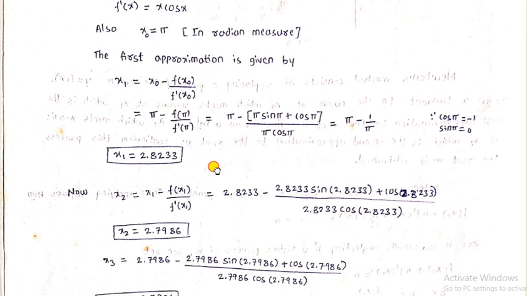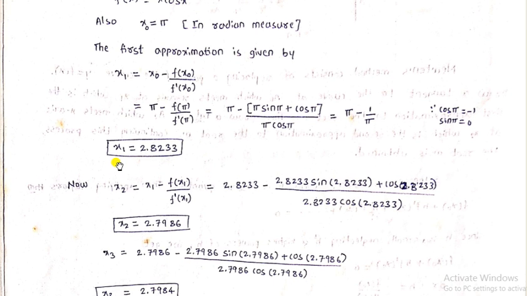2.8233. Now we have to use x1 value to calculate the second approximation. So in second approximation, you have to substitute x value as 2.8233. So again in previous formula, substitute n is equal to 1, which gives x2 is equal to x1 minus f of x1 divided by f dash of x1.